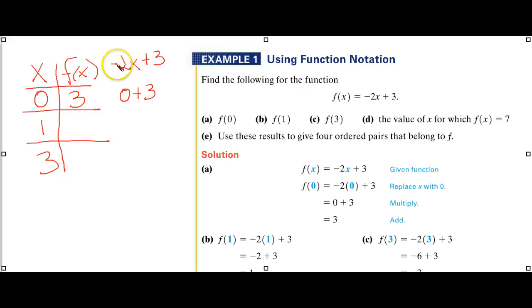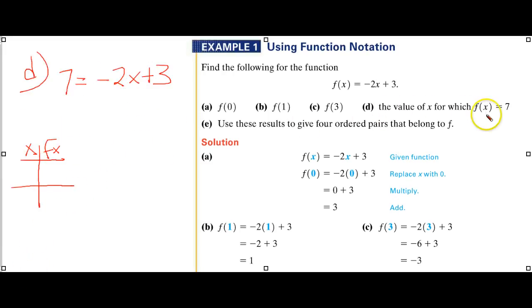If we put a 1 there, that is negative 2 times 1, which is negative 2, plus 3. This will be a 1. And again, if we put a 3 there, negative 2 times 3 is negative 6, plus 3 is negative 3. And this way you have the work to support and a way to illustrate your results in a neat and orderly way. This is what you want to work on.